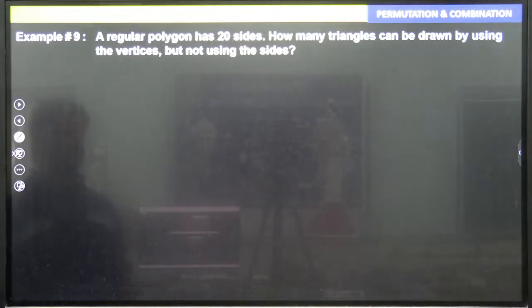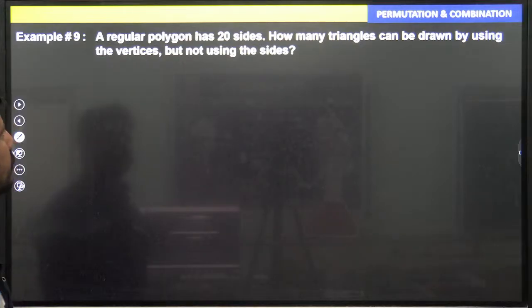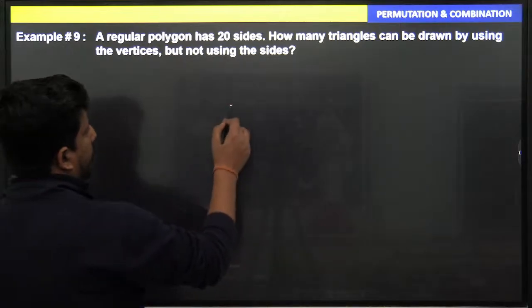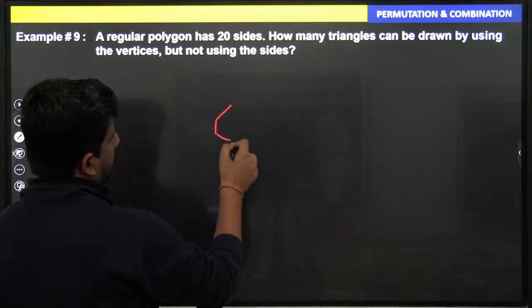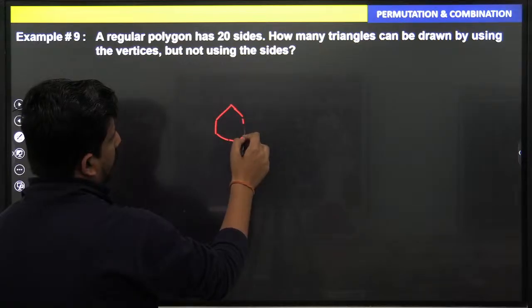So now we are going to solve this. A regular polygon has 20 sides. How many triangles can be drawn using the vertices but not using the sides? It means that if you have a polygon like this, with 20 sides we cannot draw it easily.